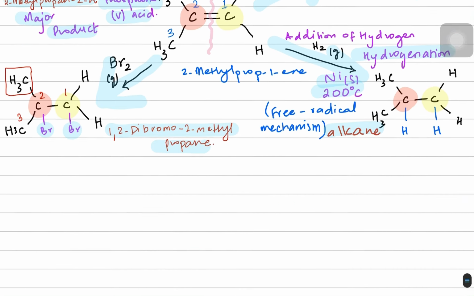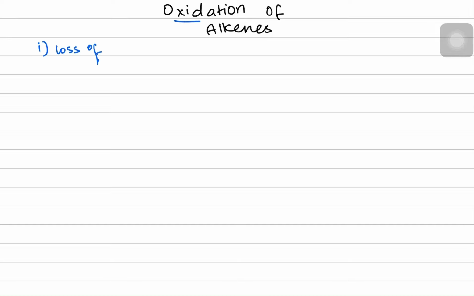In today's video, we're going to be talking about a very new kind of reaction, which is known as the oxidation of alkenes. Now when we talk about oxidation, we should know what oxidation means. The first definition for oxidation is loss of electrons. We know that from our O-level syllabus.